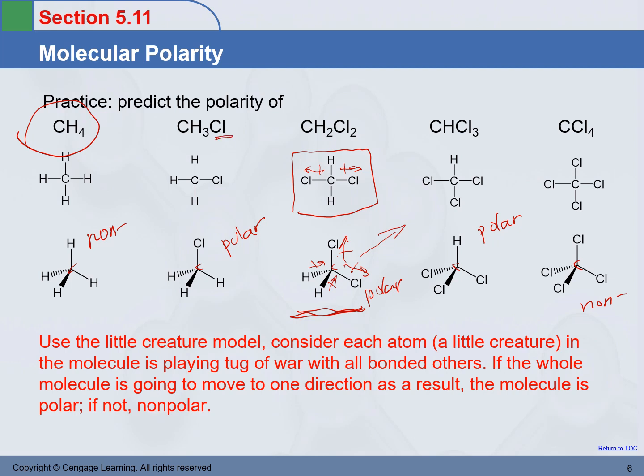So one hydrogen is replaced, two hydrogens replaced, three hydrogens replaced, all four hydrogens are replaced. Talking about polarity, the molecule goes from nonpolar, polar, polar, polar, finally nonpolar again because all four hydrogens become chlorines. They will cancel each other.